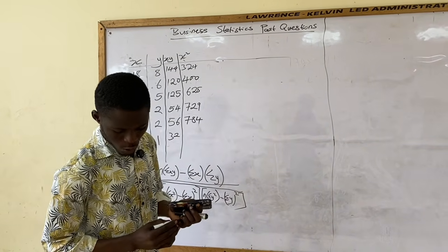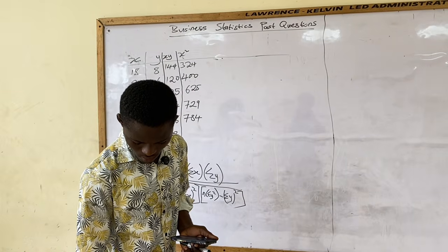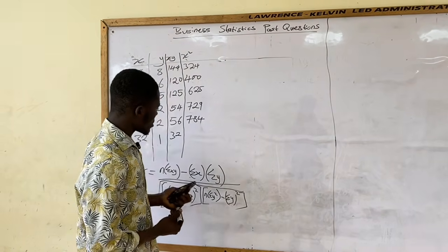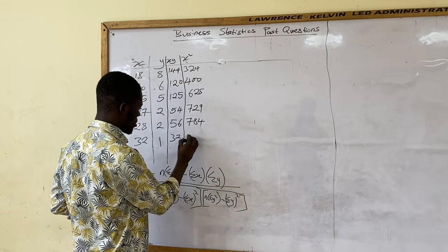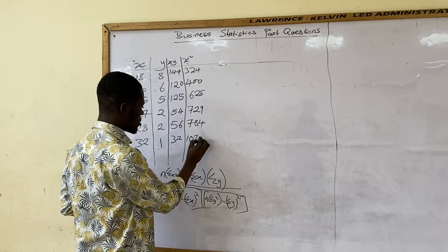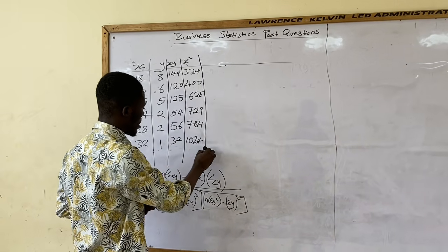Then 32 squared, which is the last one, will give us 1024. So now we are done with x squared.